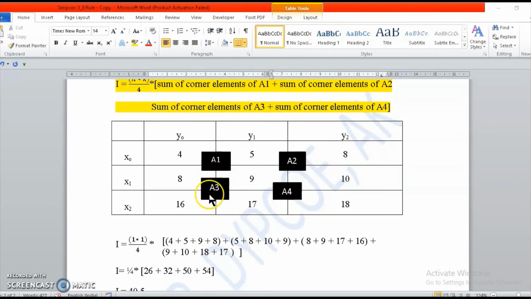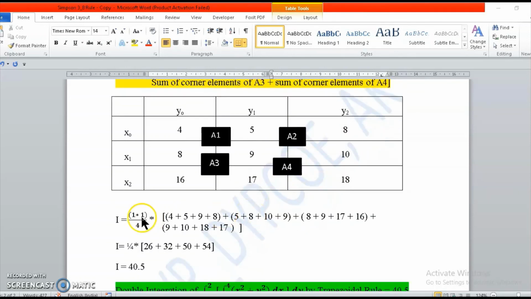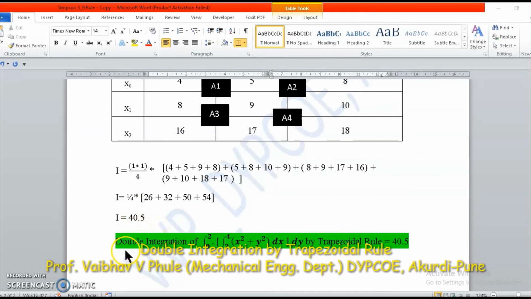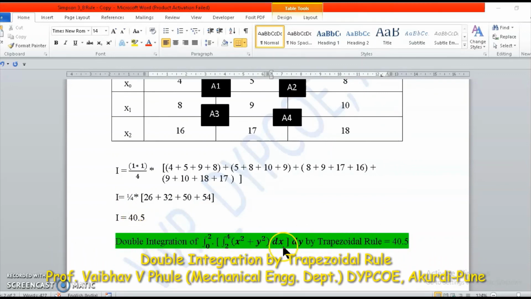A3 is here and they are 8 plus 9 plus 17 plus 16, and then the sum of corner elements of A4 are 9 plus 10 plus 18 plus 17. So you can see I have done the summation, and this value comes to 14.5, and therefore the double integration of the given problem by the trapezoidal rule is 14.5 units.